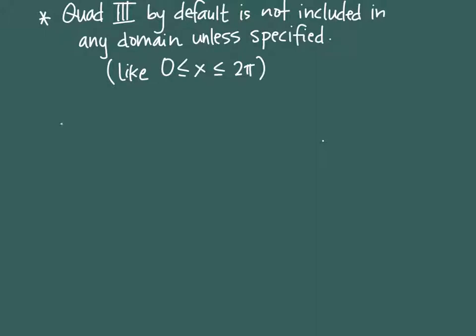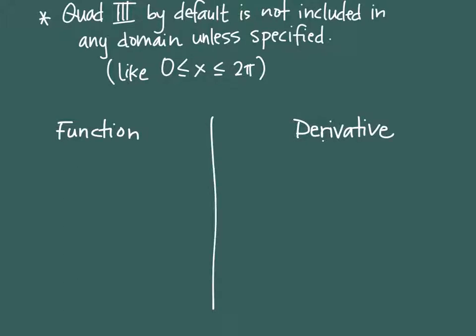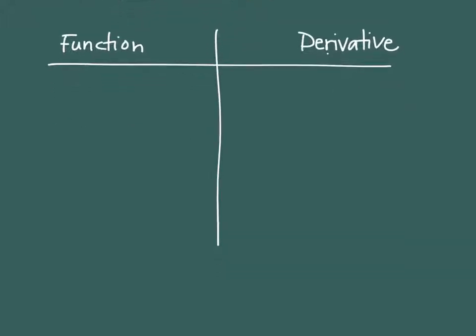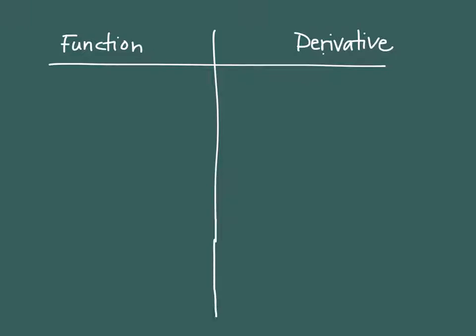All right, so I'm just going to give you a list of the function, and then I'm going to pair it with its derivative. I'm going to group inverse sine of A and inverse cosine of A together, because the only difference in their derivatives is a negative.